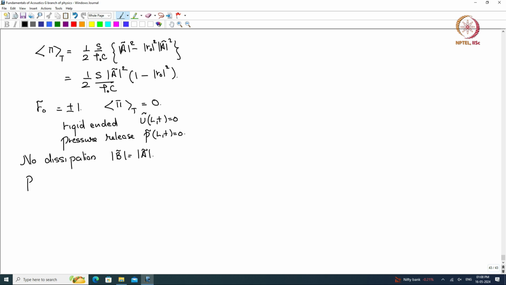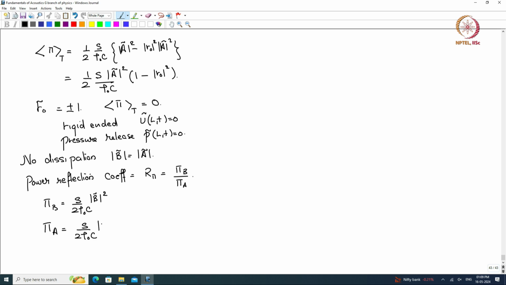Now the power reflection coefficient is given by R pi, which is equal to power in B by power in A. And then the power in B is S by 2 rho 0 c magnitude of B tilde square, power in A is equal to S by 2 rho 0 c magnitude of A square, and from here the power reflection coefficient is magnitude of R0 squared.